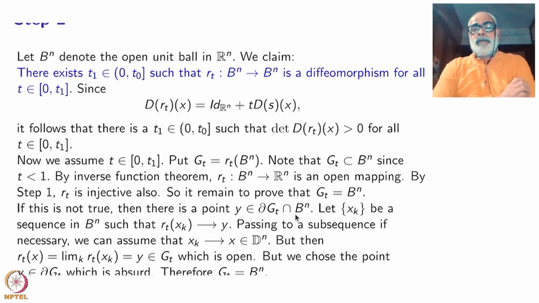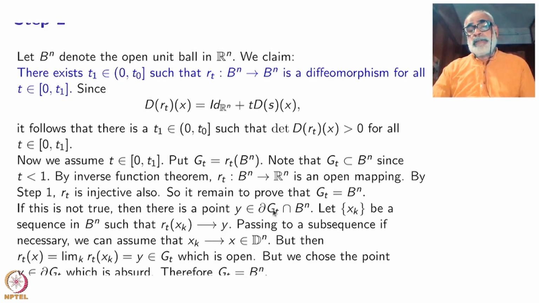Bn is after all a convex set, so you can take a boundary point and a point inside Gt, join them, and it will intersect the boundary of Gt somewhere, and that somewhere must be inside Bn already. Therefore, you can have a sequence xk inside Bn such that Rt of xk tends to y.